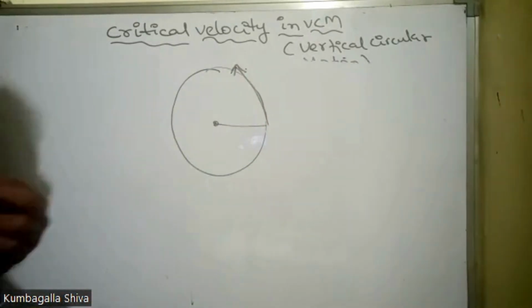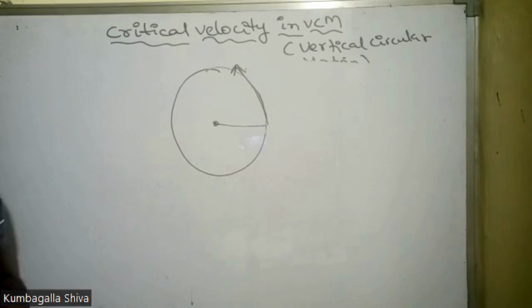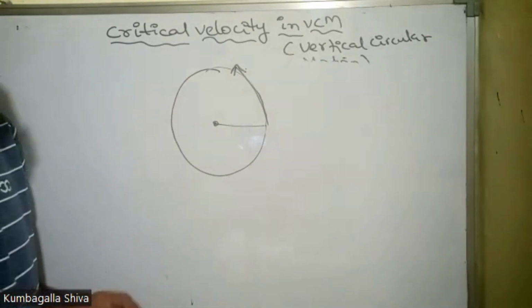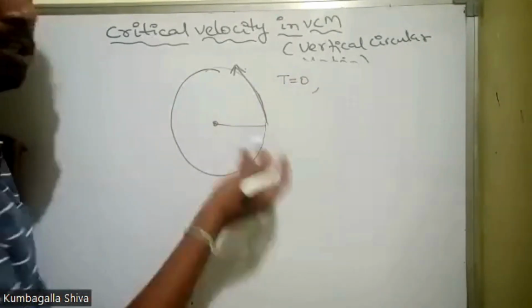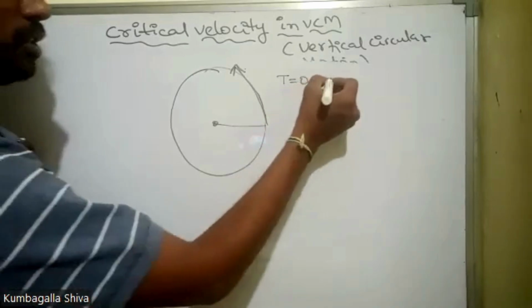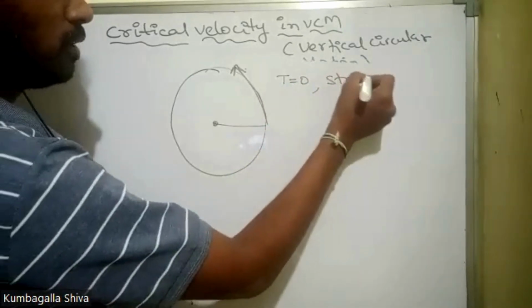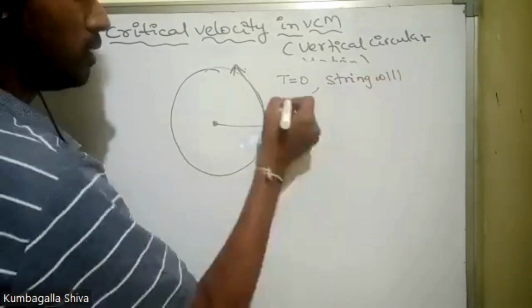Now you are going to see the situation where the tension becomes zero. Tension becoming zero means the string will have slack.